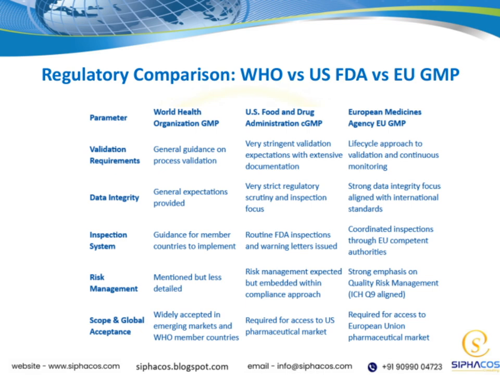Understanding these differences helps us see how global compliance is achieved and the importance of aligning with multiple standards to ensure market access and product safety everywhere. This comparison underscores the overall theme of our presentation: the critical role of harmonized quality systems in advancing pharmaceutical development and manufacturing worldwide.